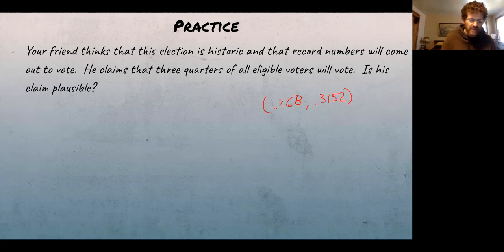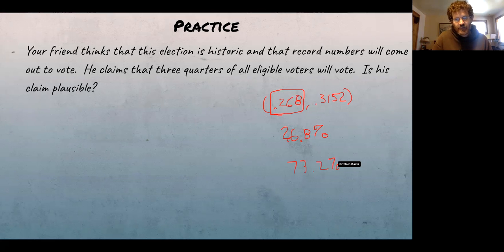What we're saying is that at a minimum, with 95% confidence, 26.8% are not going to vote, which means that at most 73.2% will vote. So statistically, it is an incorrect statement that 3/4 are going to vote. We can say right now, no, that's not going to happen.